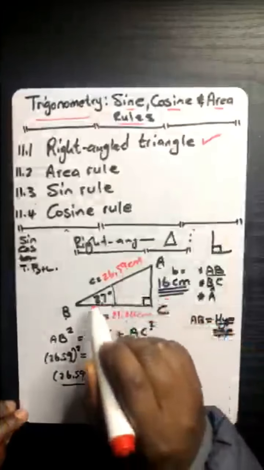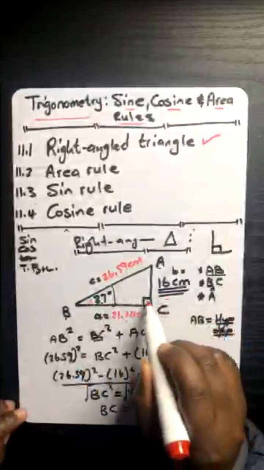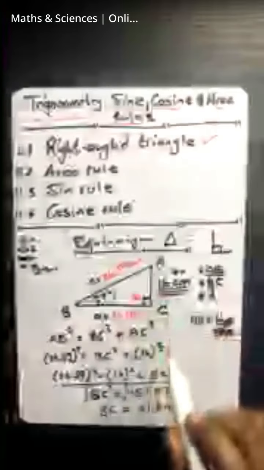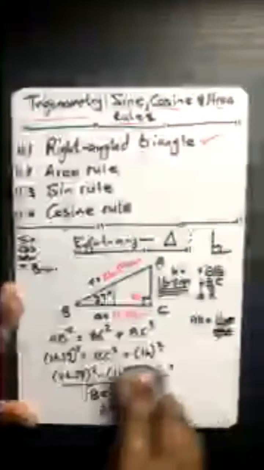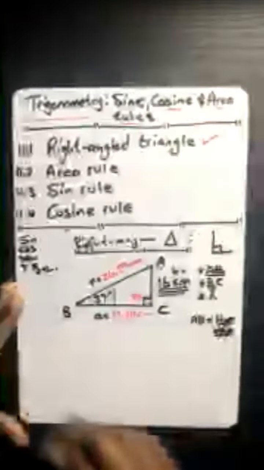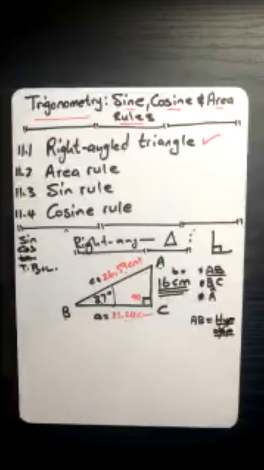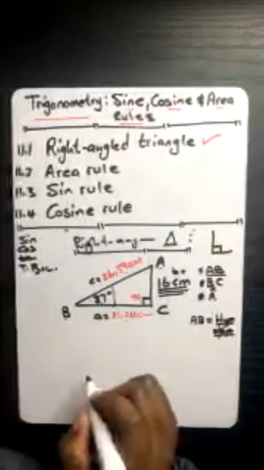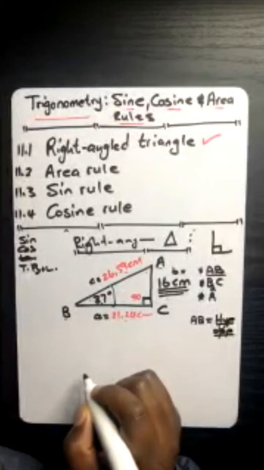We have that angle is 37 degrees. We have that angle is 90 degrees. What is the value of that angle, or how can we calculate the angle of angle A? I'm not sure if you guys remember that.